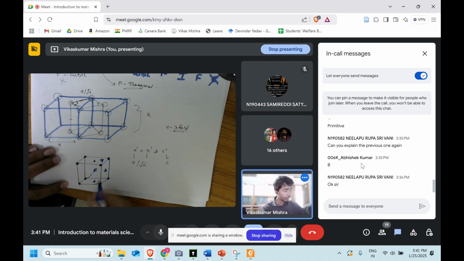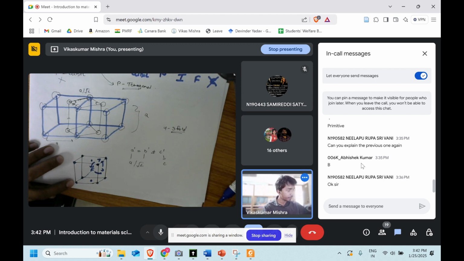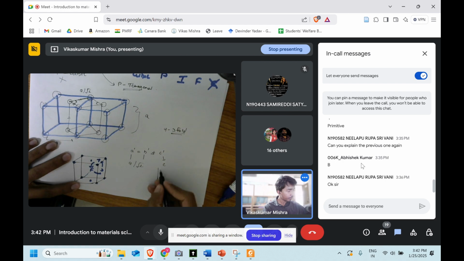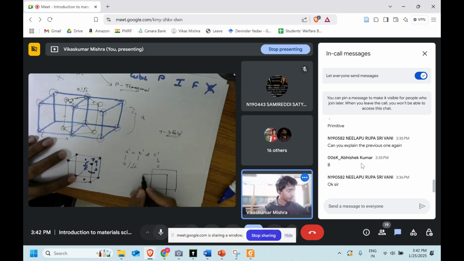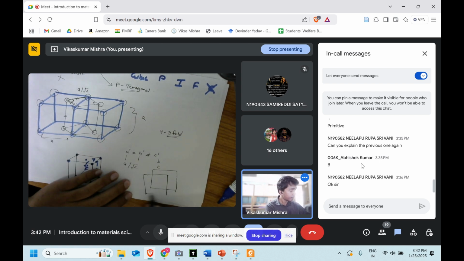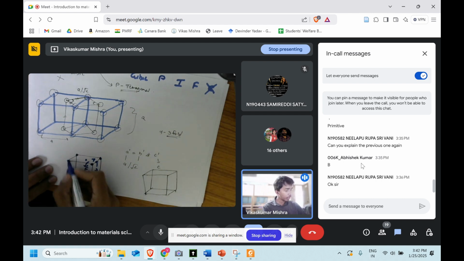So now what will happen? These faces will change. Top will come to the front, front will go to the side, side will go to the top, like this. They will interchange. Now let's see what will happen at the end. All the corner atoms will be there.